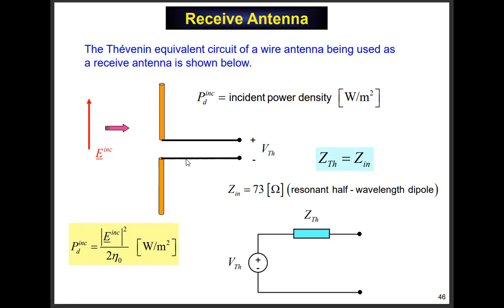Now, an antenna, just like anything else in circuit theory, can be modeled with a Thevenin equivalent circuit. The concept of Thevenin equivalent circuit is very general, and even though you learned it in circuit class, it applies to any linear system. So a receive antenna can be modeled with a Thevenin equivalent. Here's a Thevenin equivalent for a receive antenna. It works the same way as in circuits.